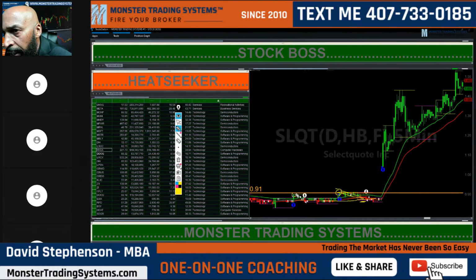So we would have bought here on a break of resistance, sold here on a break of support, bought here on a break of resistance, sold here on the break of support. Now this would have been a perfect move if the buy signal came in right about here. It gapped up, it's too far. What we don't want is for it to gap up.